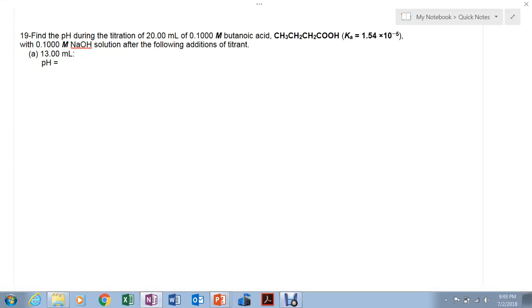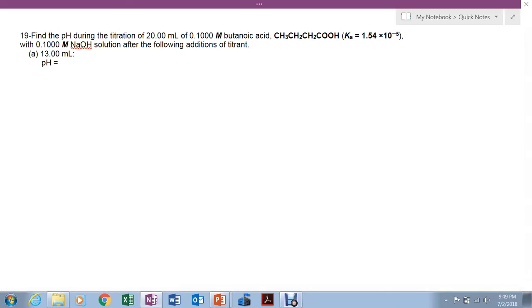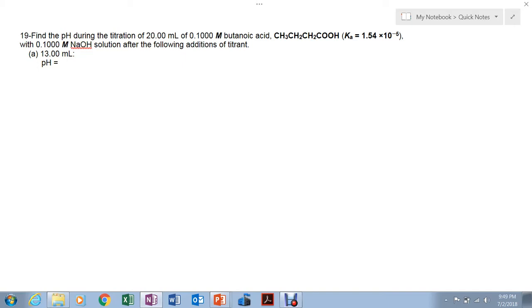Find the pH of the titration of 20 milliliters of butanoic acid.